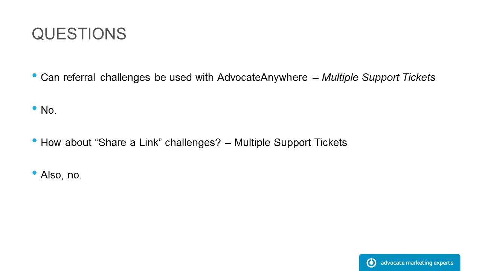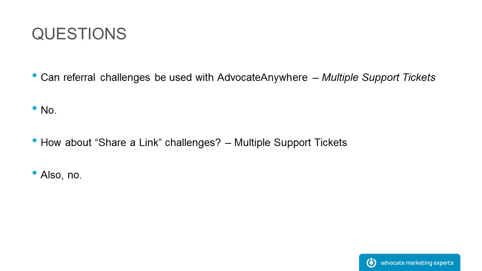For referral challenges, all the tracking functionality and sending the leads to Salesforce or Marketo or HubSpot, none of that will work with AdvocateAnywhere. Additionally, share a link cannot work because we need to have the social authentications connected to the advocate, and that's not possible through AdvocateAnywhere. So a couple of these are not possible.